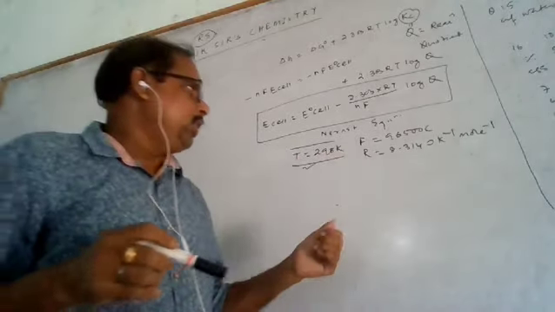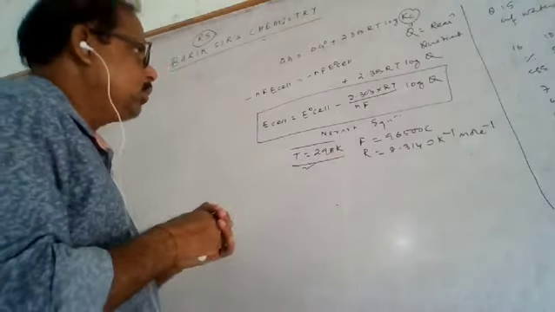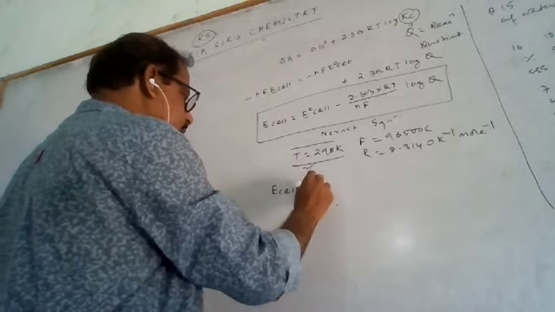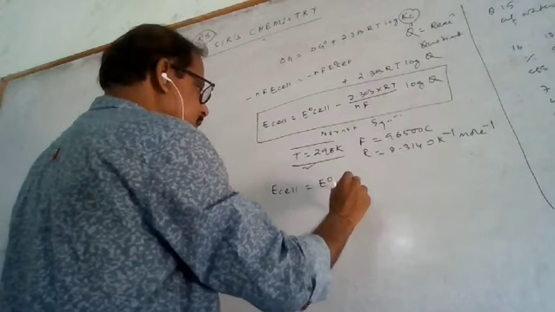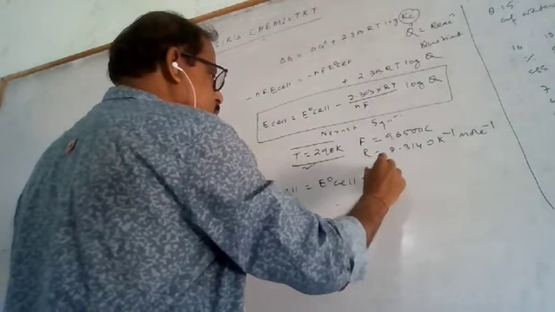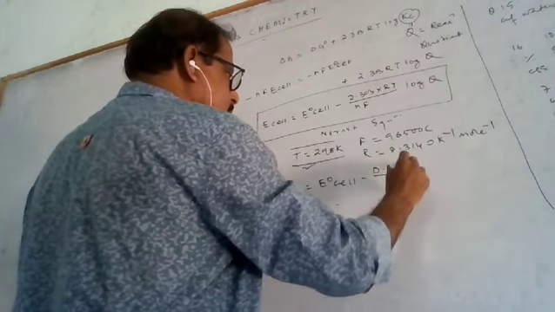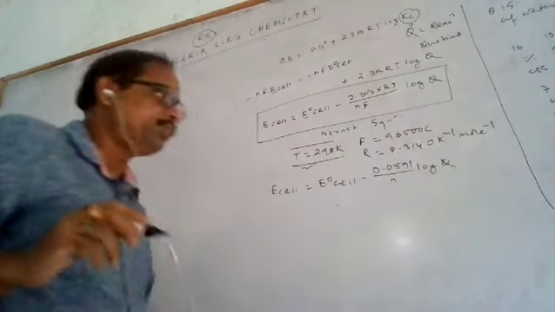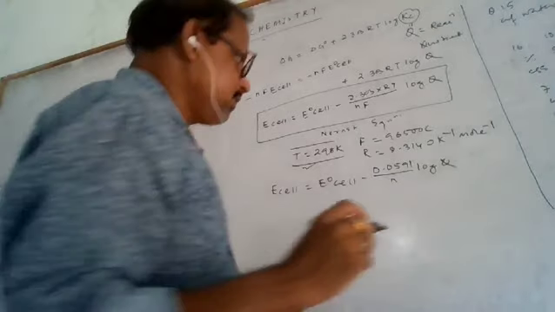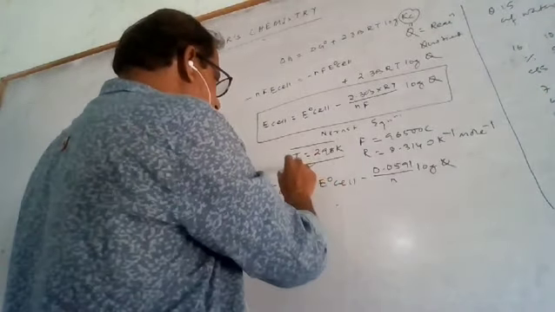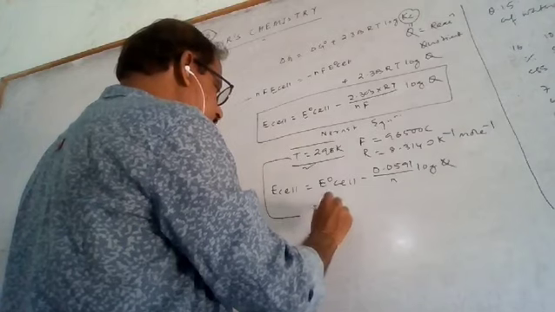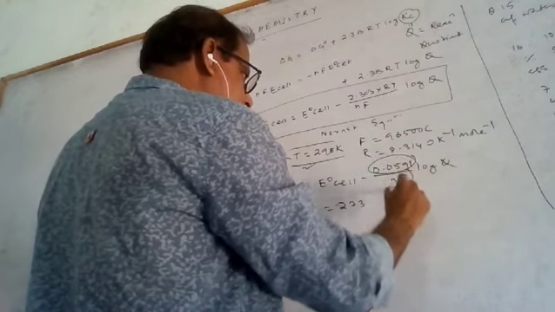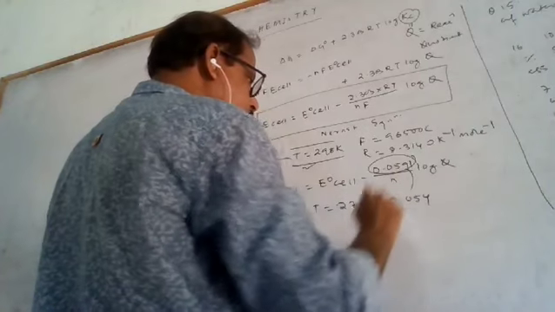Now by putting these values, we can write the equation: E cell is equal to E naught cell minus 0.0591 by n log Q. That will be easier to remember. But remember, if the temperature is 273, then instead of this value we can write 0.054.